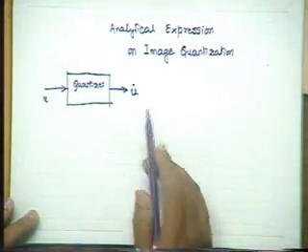Okay, I am going to make the letter size bigger. Now, is it clear to you? So u is the input, u dot is the output of the quantizer.